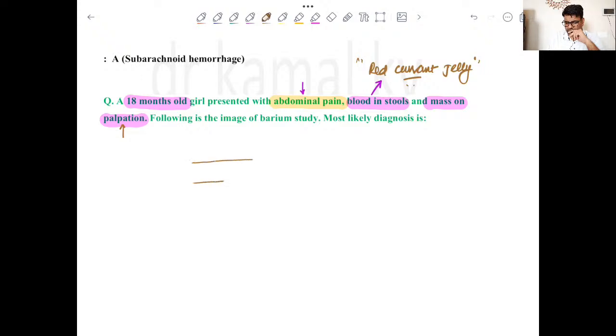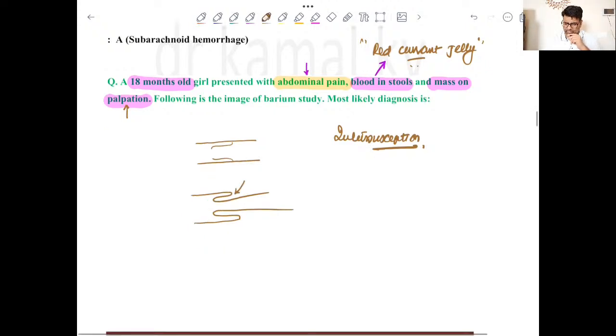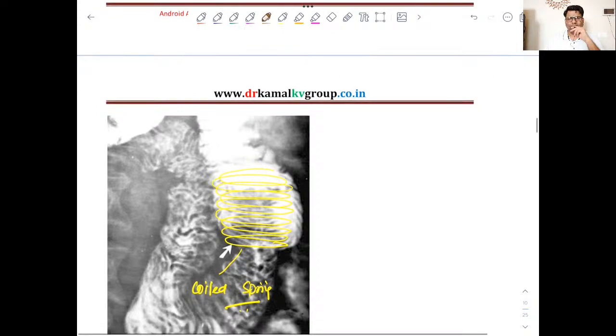Now what is intussusception? Suppose this is the bowel. Intussusception is actually known as a tube within a tube. So what happens is this area will move inside like this. So this is the intussusception, and this is the classical coiled spring sign.